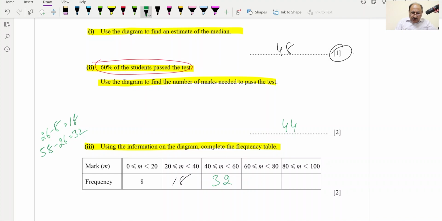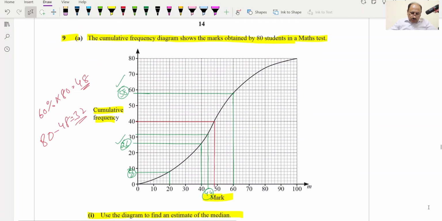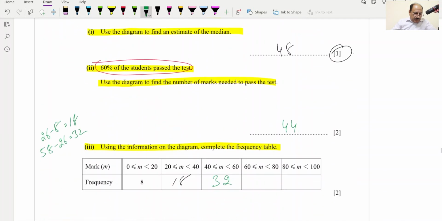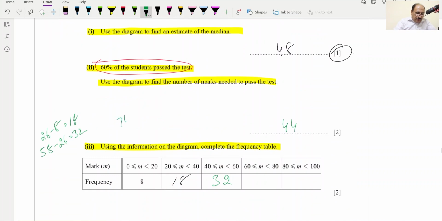Then 60 to 80. 60 is already there, so the reference for 80 will be over here, and this will be 74. So 74 minus 58 will be equal to 16.